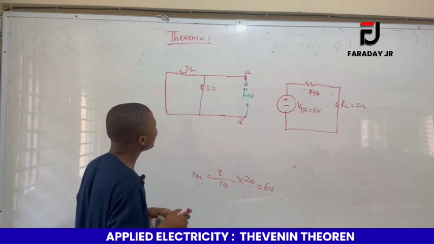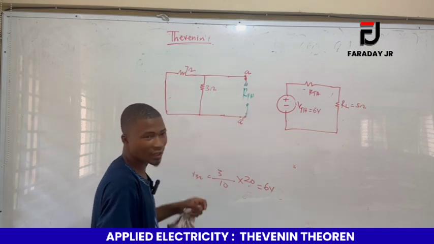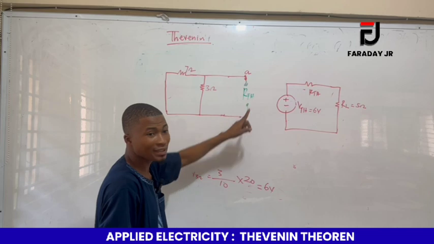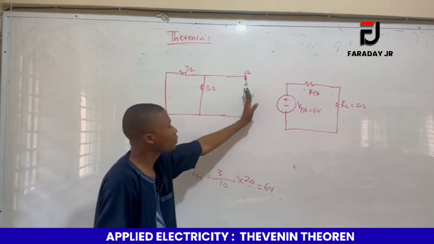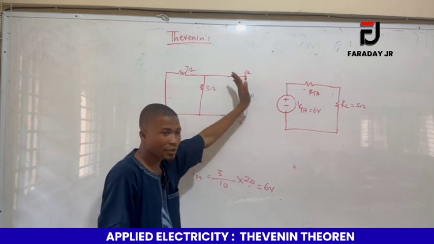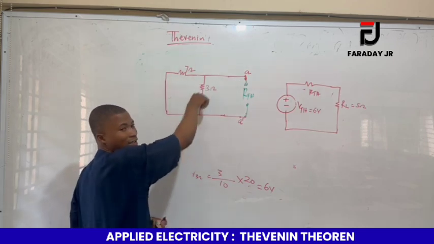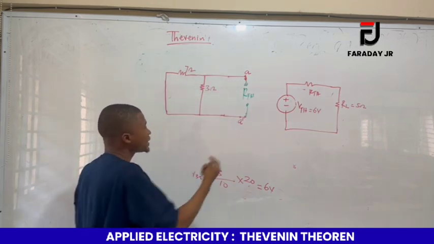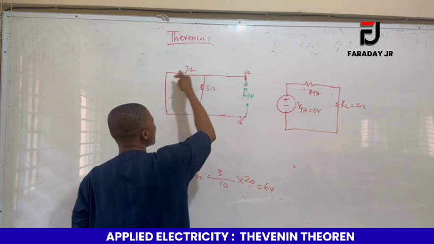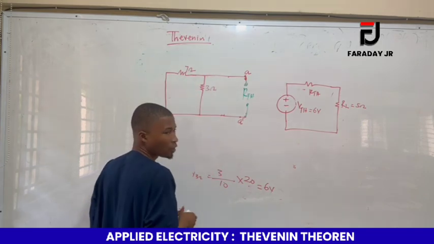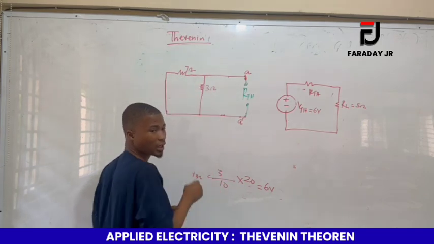Although this end looks open, just assume that there is a current moving from that end. If you think there is no current moving, you treat it as a series path and add it. If there is a current moving, it shares between this and this, and since they are in parallel, we can use the parallel analysis.